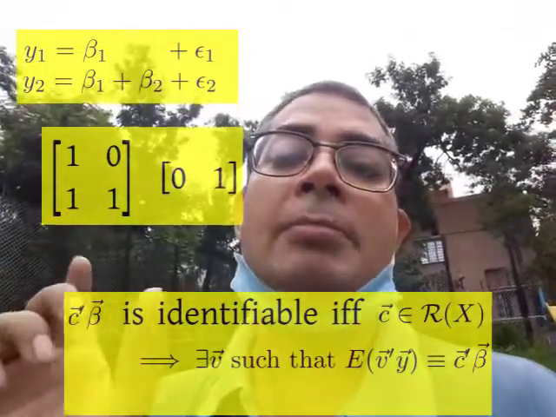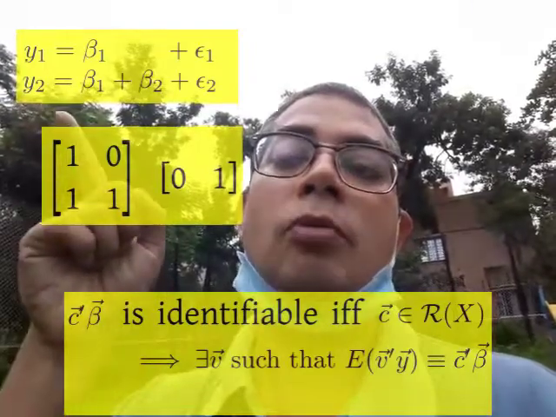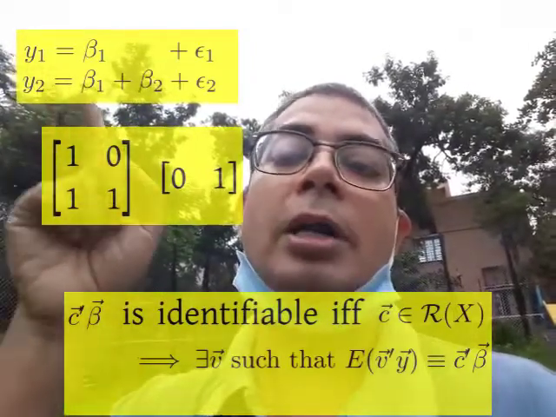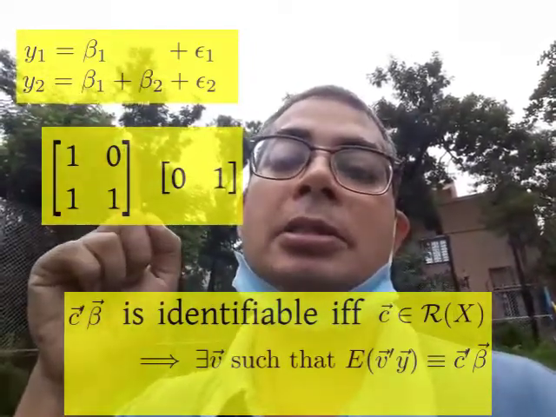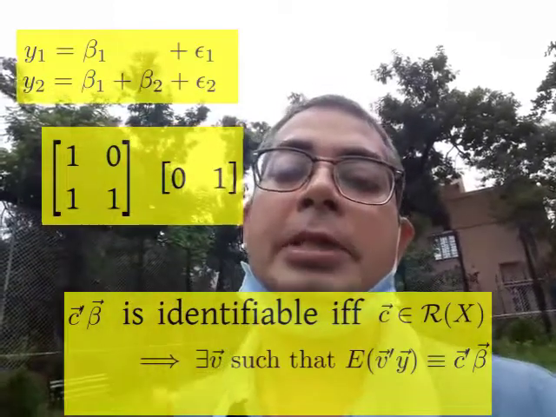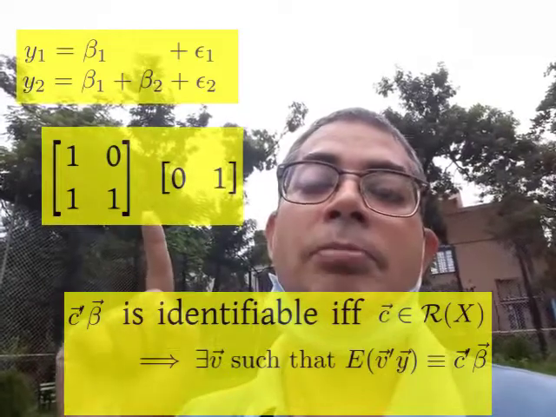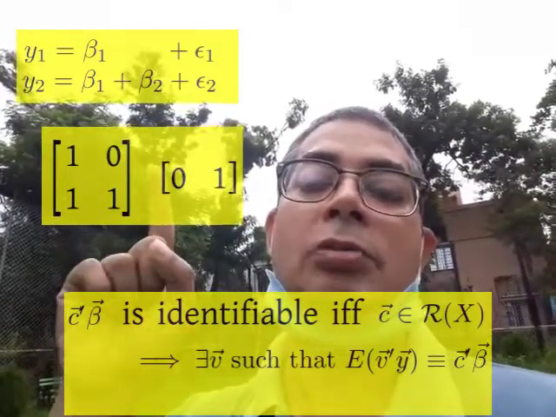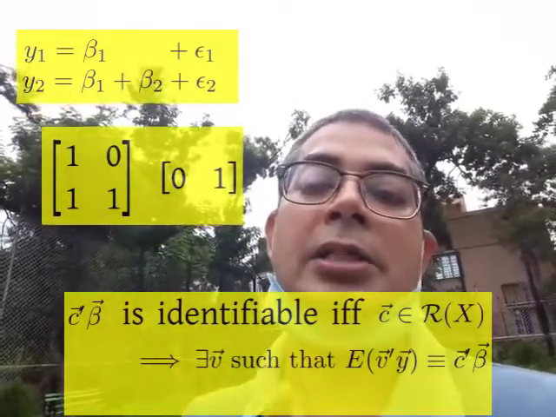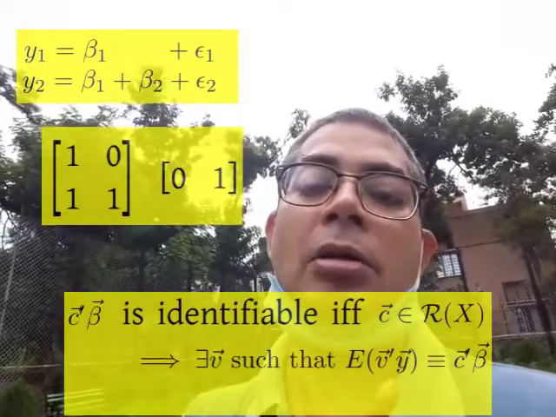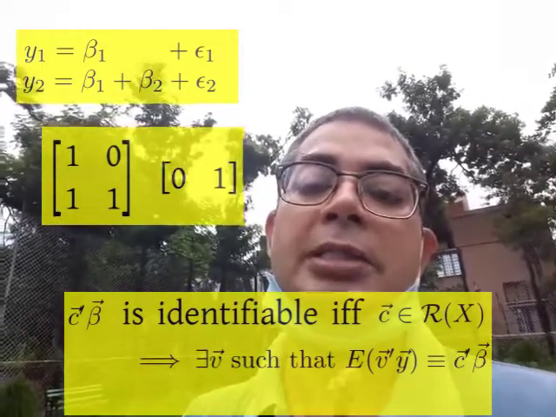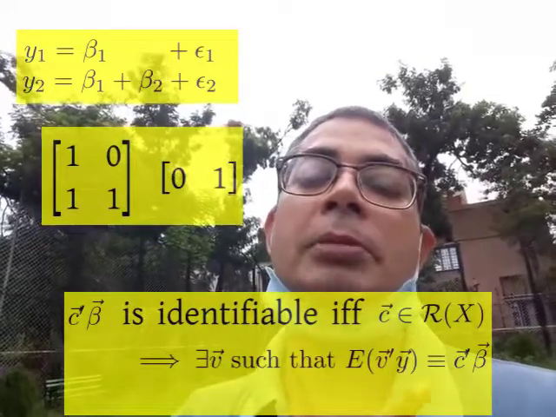I play the same trick on y. Take y2, from it subtract y1, and that will give you an unbiased estimator of beta 2. That is precisely what I am saying. You can find a v. In my case, the v will be plus 1 here and minus 1 here, such that if you take the linear combination of y with those coefficients, expectation of that will be C prime beta.